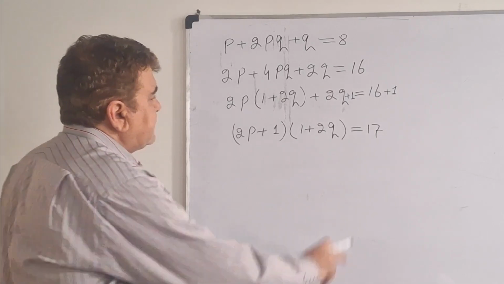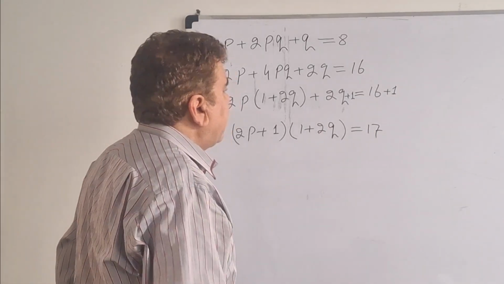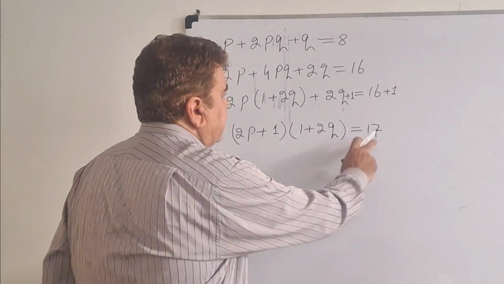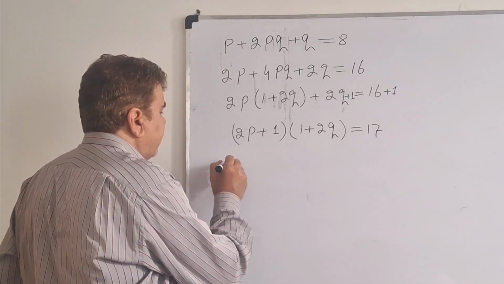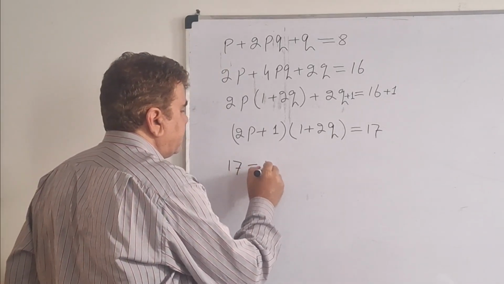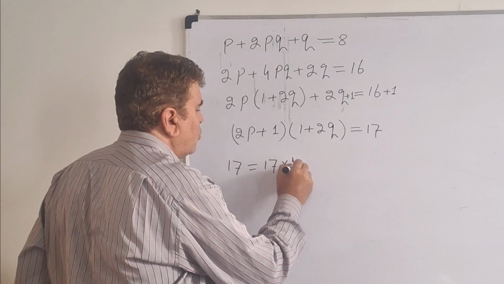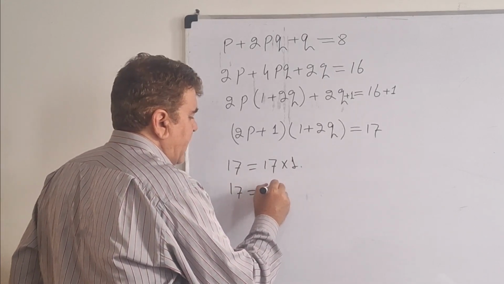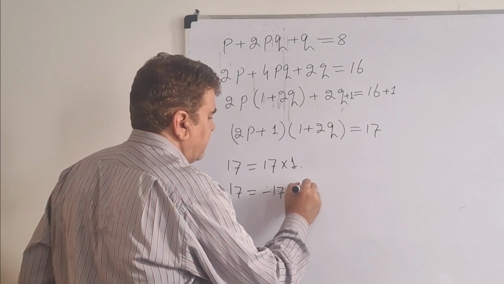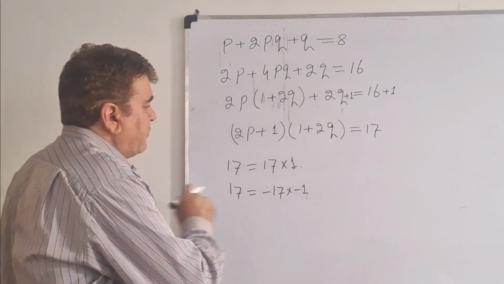Now this is a prime, but I can factor this into two factors by writing 17. I can write 17 equals 17 times 1, or I can write 17 equals minus 17 times minus 1. So we have two cases.